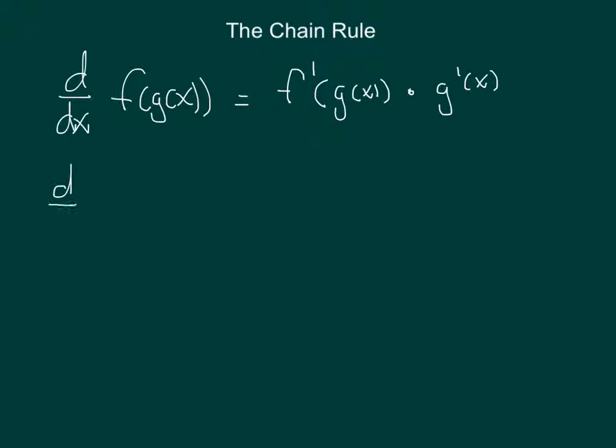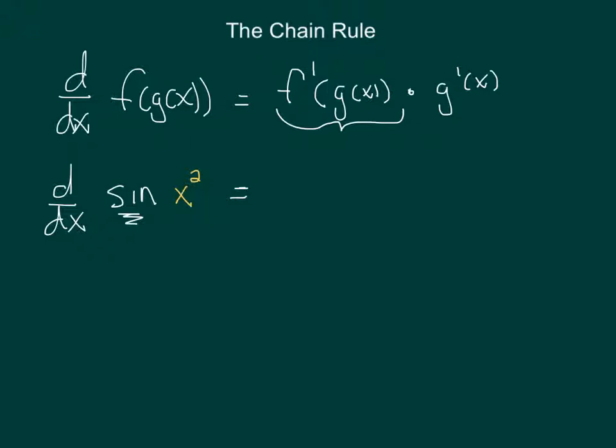So let's say that I'm taking the derivative of one of those examples I looked at of a composite function, and say I had the sine of x squared. Well, the chain rule tells me to first take the derivative of the outside function, which in this case is sine, because remember, sine doesn't operate on x until it becomes x squared.